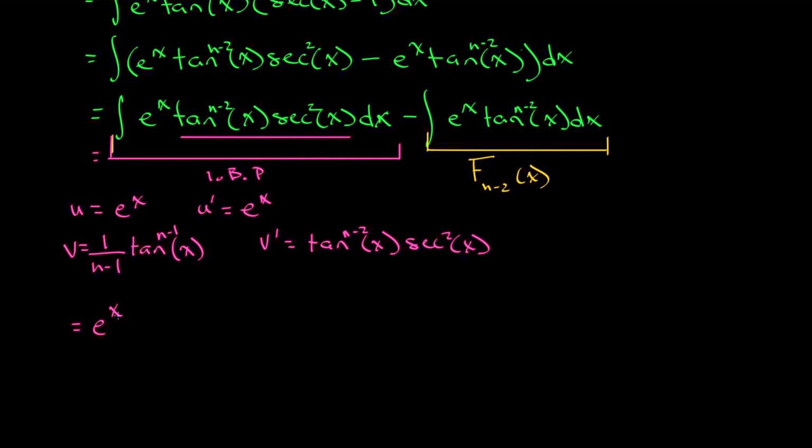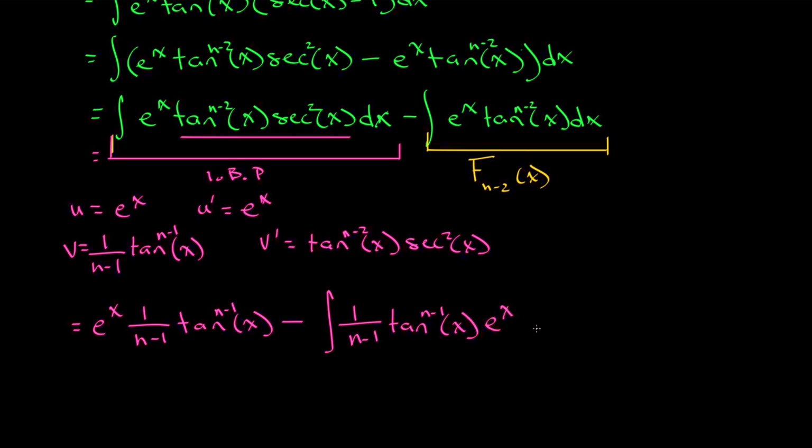So e to the x, and then we have times 1 over n minus 1 times tangent of x to the n minus 1 power. All right, so that's u times v, and then we have minus this indefinite integral of v du. That's going to be 1 over n minus 1 times tangent of x to the n minus 1 power, and then we have u prime, which is going to be e to the x, and then dx.